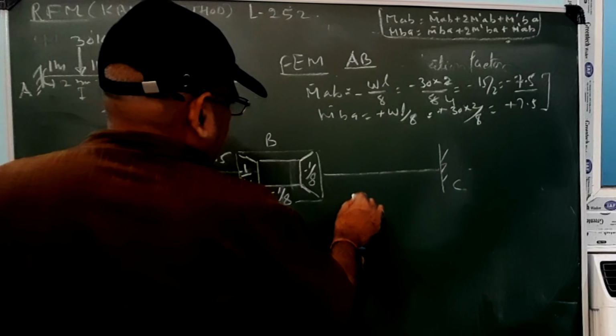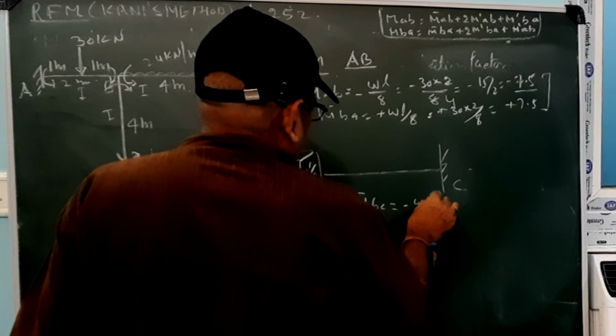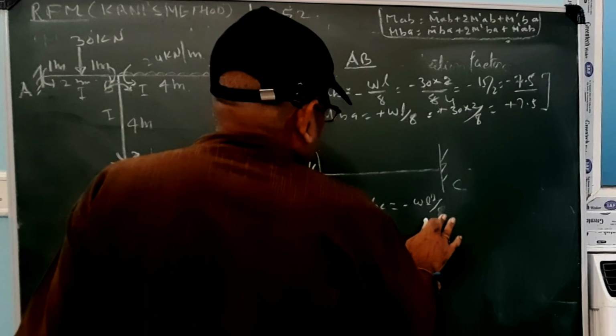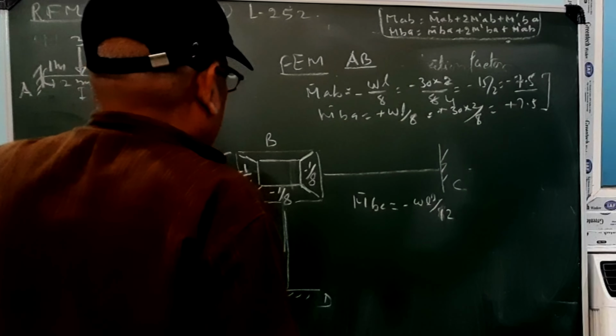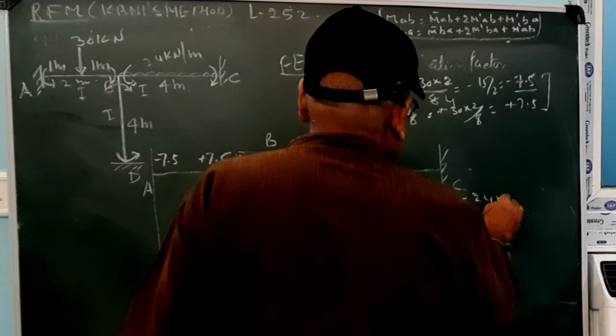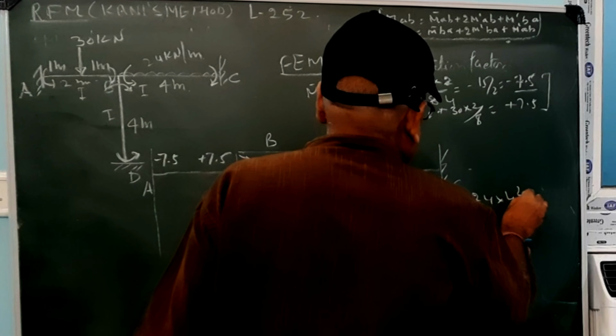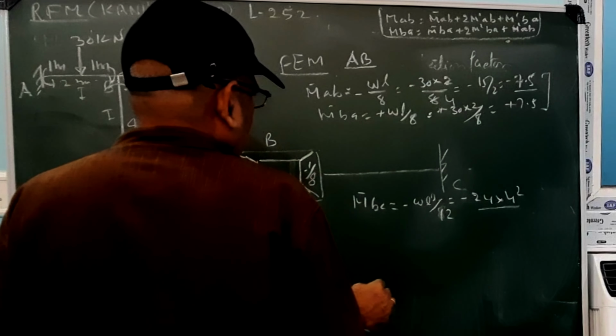M bar BC equals minus WL square by 12, not 8, 12. This is anti-clockwise, so the negative: minus 24 into L equals 4 square upon 12, WL square upon 12.